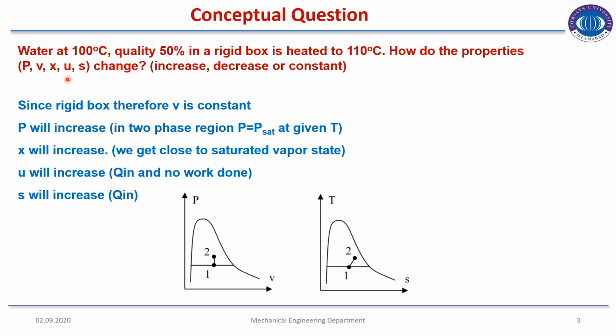So as U is the function of temperature and pressure, therefore Q is supplied and no work is done, therefore specific internal energy will also increase, and as heat is supplied to the system, therefore the entropy will also increase.